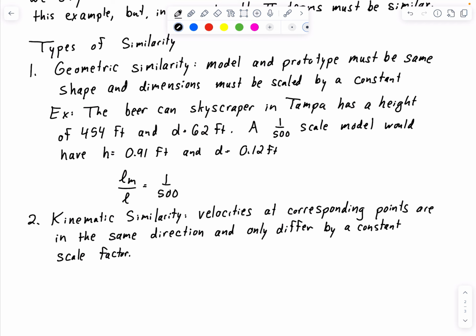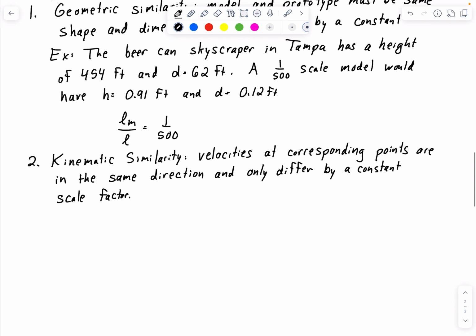So that's your kinematic similarity, referring to the motion and the velocities being the same.